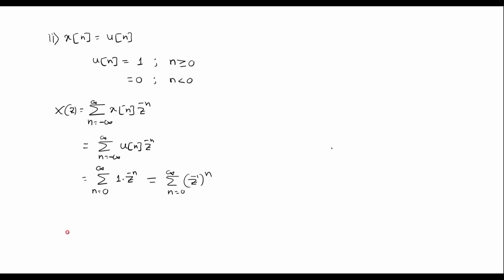By using the infinite sum formula, we know that summation n is equal to 0 to infinity a power n is equal to 1 upon 1 minus a. So by comparing this expression with that expression, we can say that z inverse is nothing but a. Therefore, we can present it as 1 upon 1 minus z inverse.